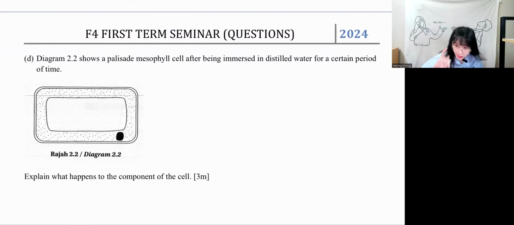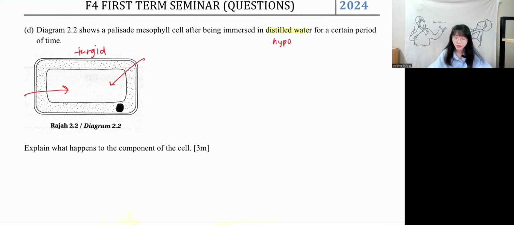The keyword here is distilled water. Is distilled water hypertonic or hypotonic? Very good. Hypotonic. Does water diffuse in or diffuse out? Water diffuses in. Correct. What term do we use to describe the plant cell? Turgid. Very good. So we have your answer. Let's form the sentences right now. First, we start from the term.